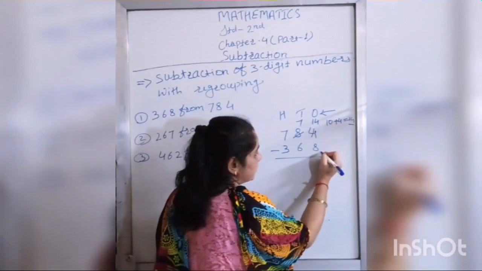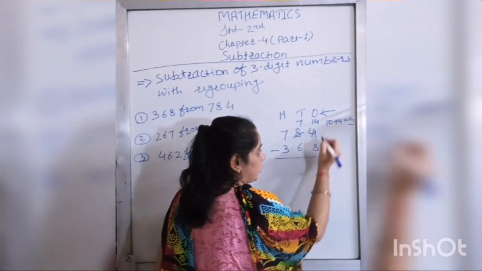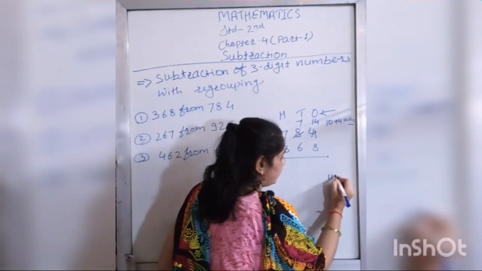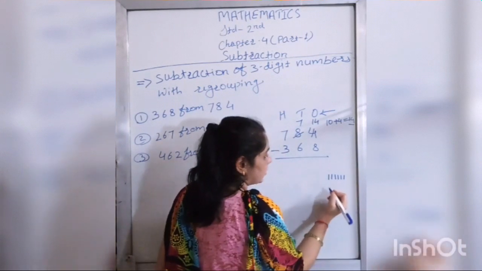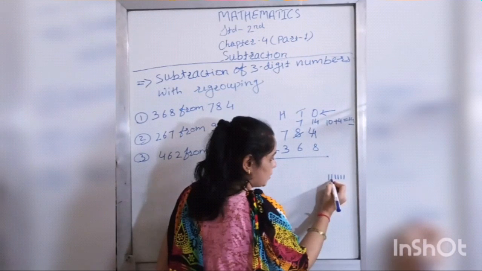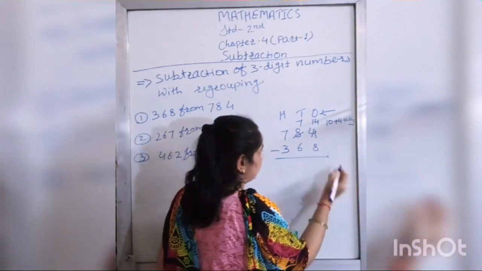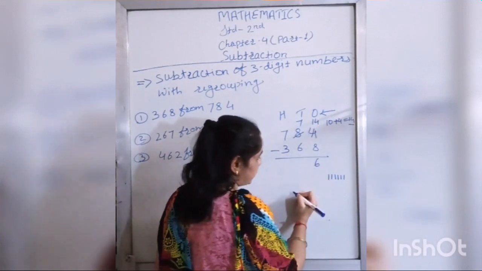Now subtract this 8 from 14. Count after 8 till we get 14: 9, 10, 11, 12, 13, 14. Count these lines. 1, 2, 3, 4, 5, 6. So 14 minus 8 is equal to 6.